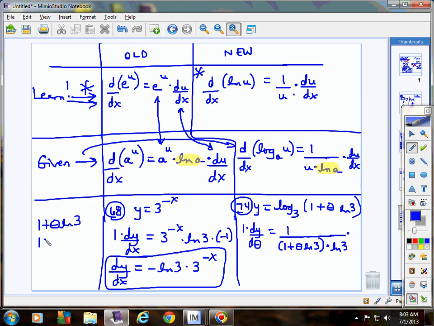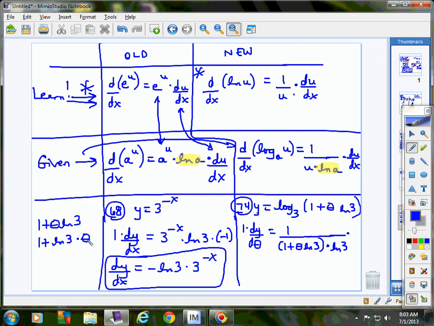Log of 3 is a number, so it'd look better to maybe have log of 3 and then your theta away from it. So the derivative of theta is going to be 1. So 1 times log of 3 is log of 3. Derivative of a constant is 0. So the derivative of the inside part here is a log of 3. It's here at the end. I don't have room to squeeze it in very well.